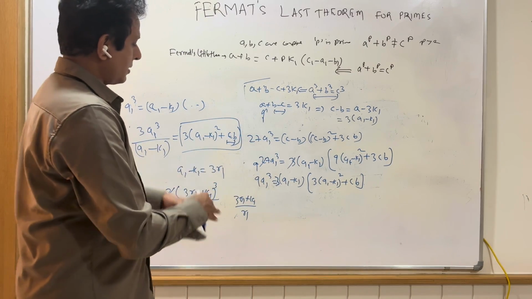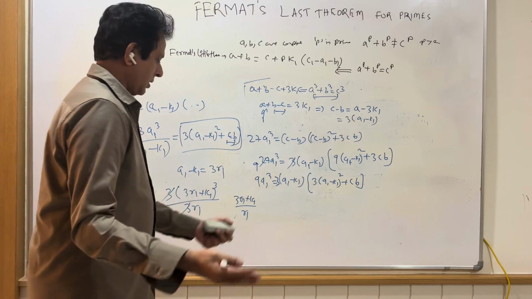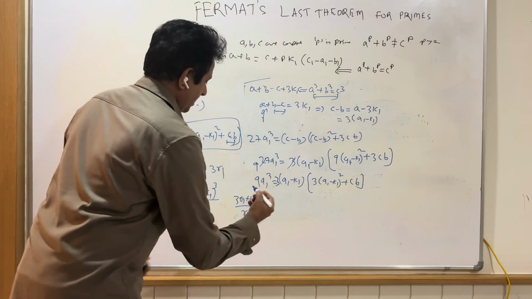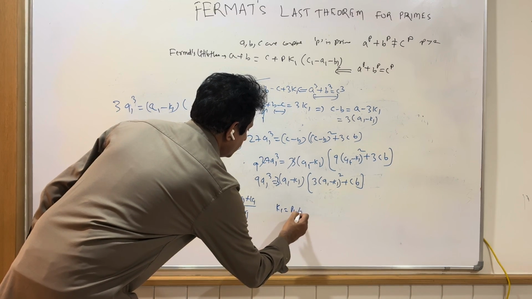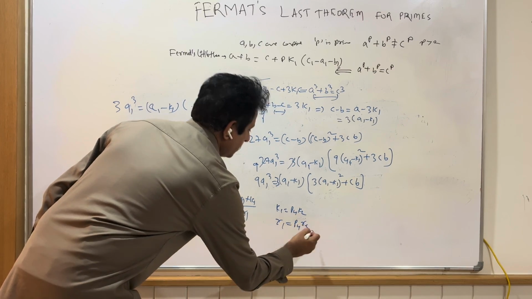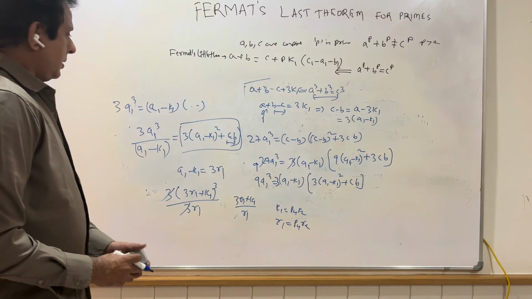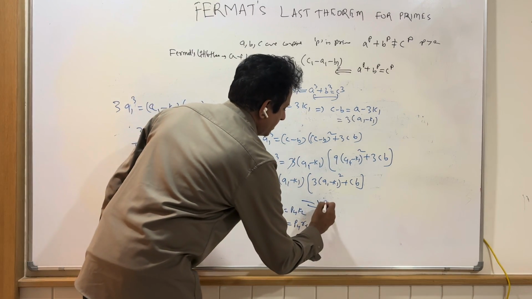So let us take p. So k1 is equal to p k2, r1 is equal to p r2. Again we go into the infinite descent.